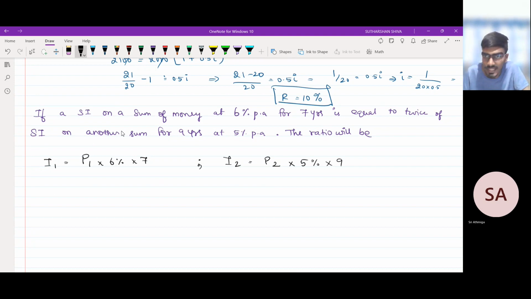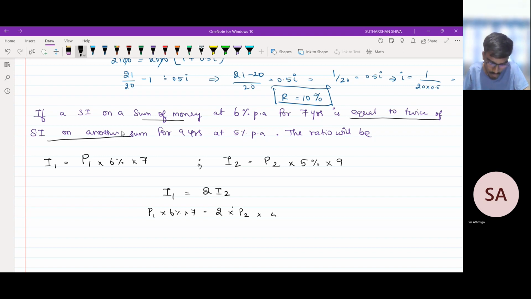They are saying the first interest is equal to twice the second, so I1 is equal to 2I2. Just substitute: P1 into 6% into 7 equals 2 into P2 into 5% into 9.